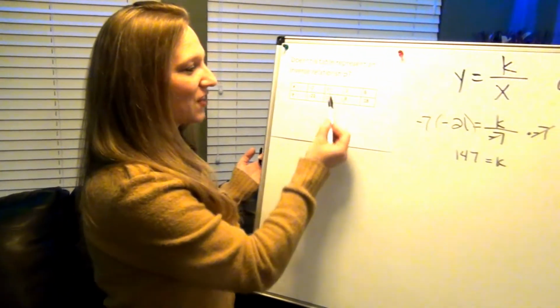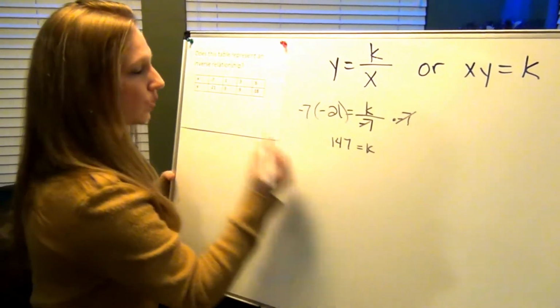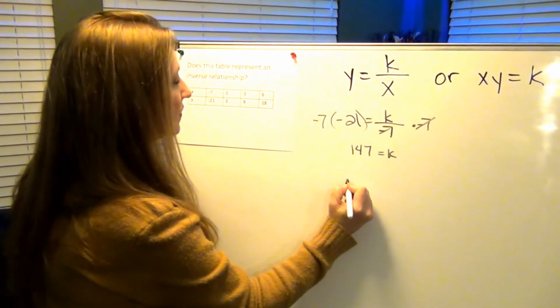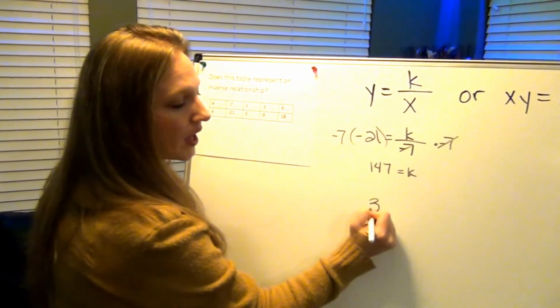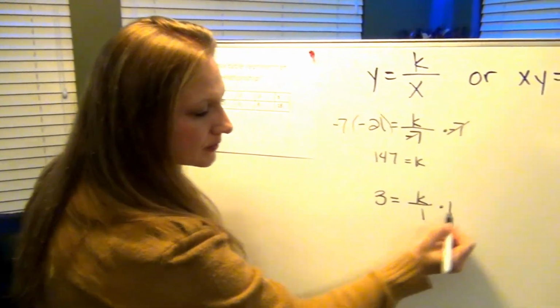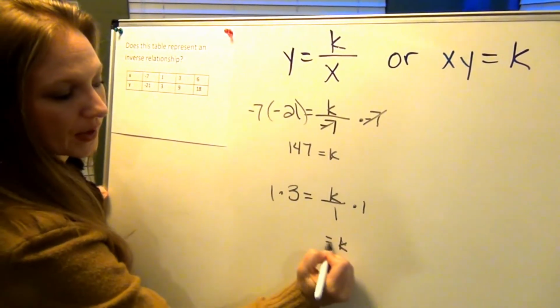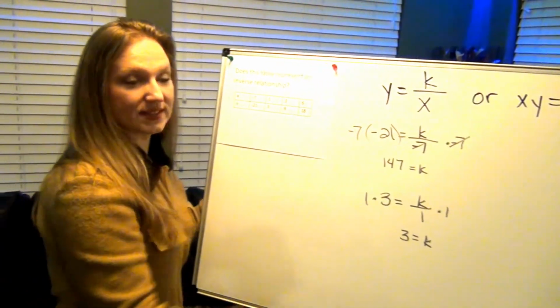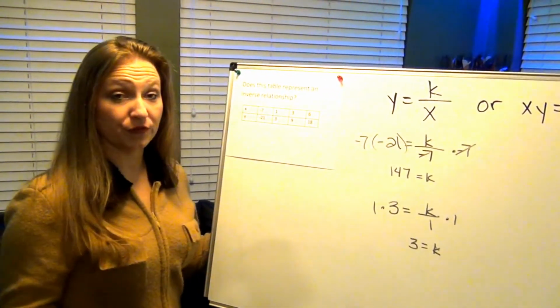Let's see if another one of these points gives us the same constant. So let's plug in 1 and 3. If I plug in 3 for the y and 1 for the x, my constant is 3. We can see they do not have the same constant, which further confirms that this is not an inverse relationship.